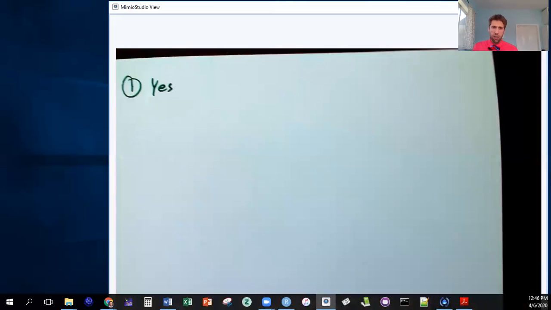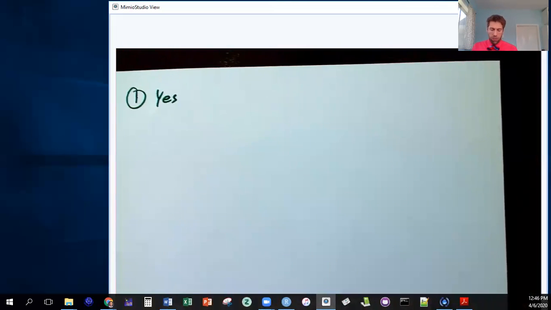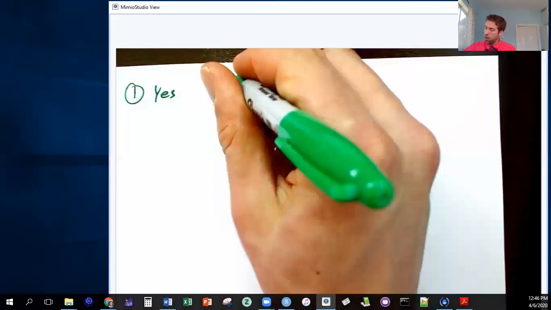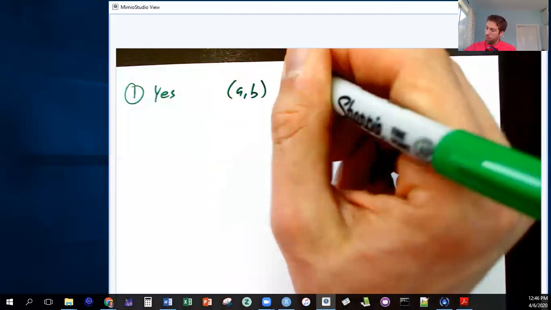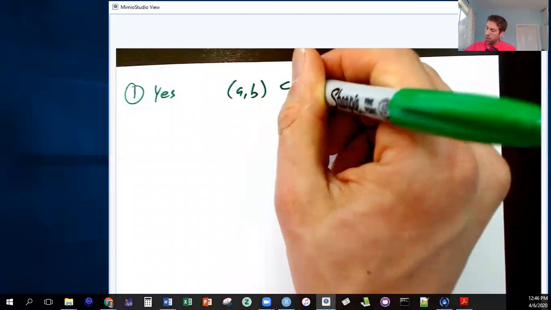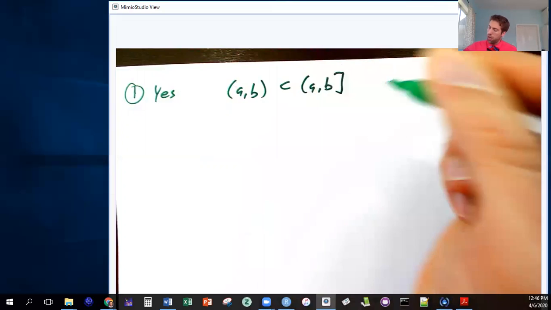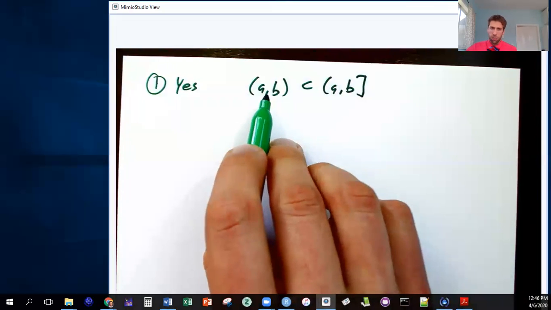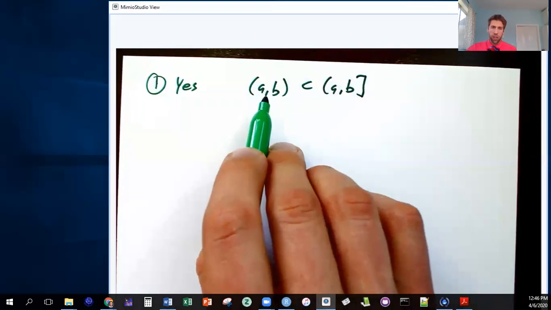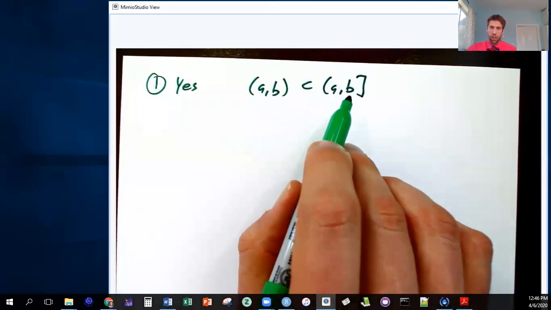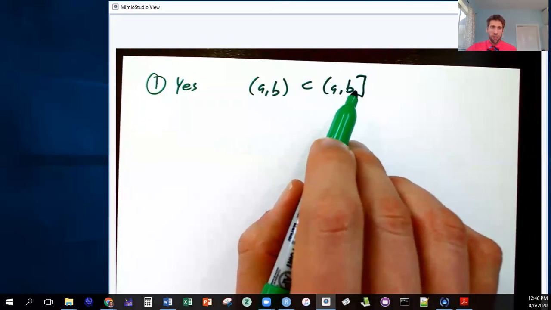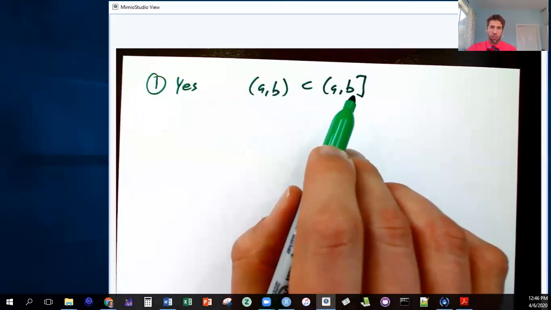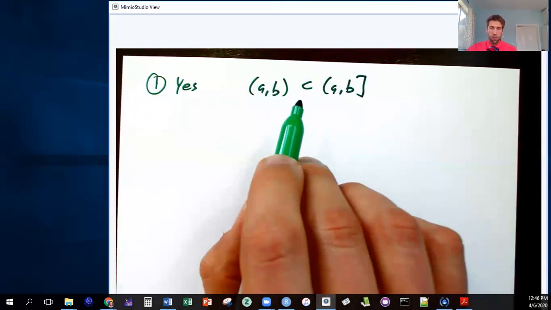Why? It's a proper subset because it's a subset. Everything here, the real numbers between a and b, is also between a and b here, and this includes b. So this includes one more point, b, and this one doesn't. That makes it a proper subset.